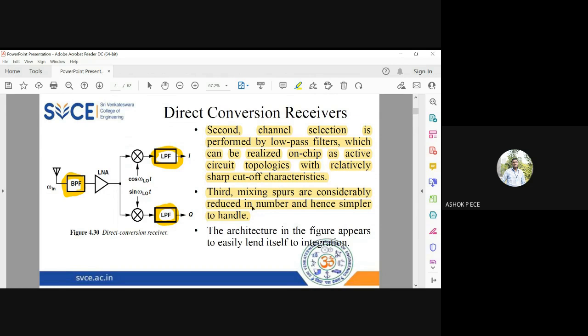You know spur, we told you spur is the frequency which is an integer multiple of your LO frequency. Since I'm using I and Q versions of my signal, I can reduce the number of spurs by 2, because I'm splitting the LO separately for the I path and Q path.